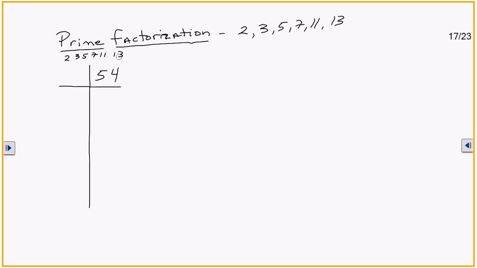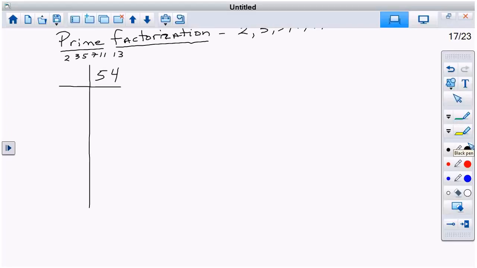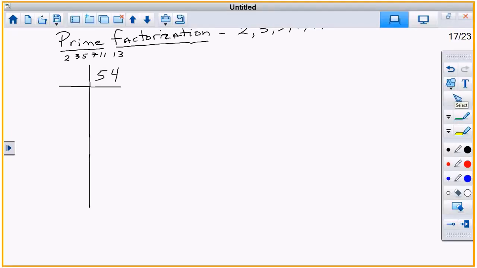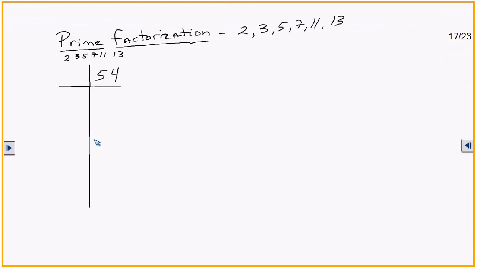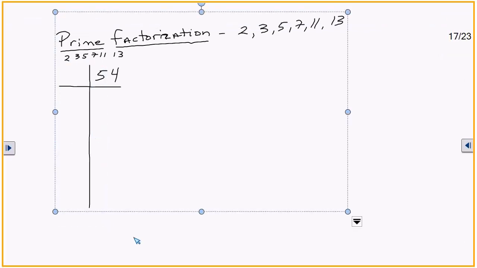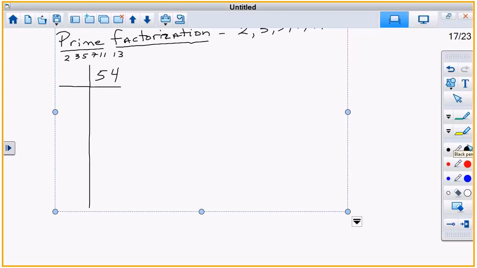Okay, so I'm going to divide. Again, remember me telling you in the previous videos that this is where your math tables come into play.